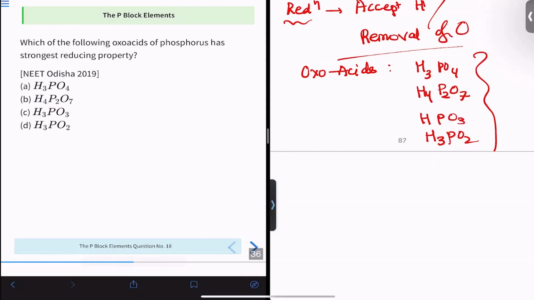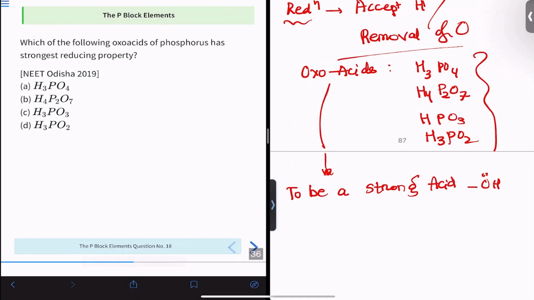One more concept I'm going to tell you here, so please concentrate. Yesterday I told you that to be a strong acid, you must have more number of OH bonds. Inorganic is more about theory, so whatever I am telling you, just keep it in your mind. There is no concept behind it.